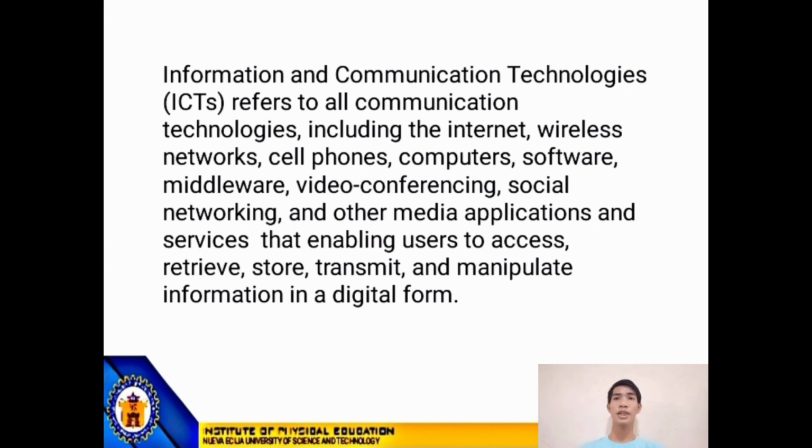It includes the internet, wireless networks, cell phones, computers, software, middleware, video conferencing, social networking, and other media applications and services that enable users to access, retrieve, store, transmit, and manipulate information in digital form.